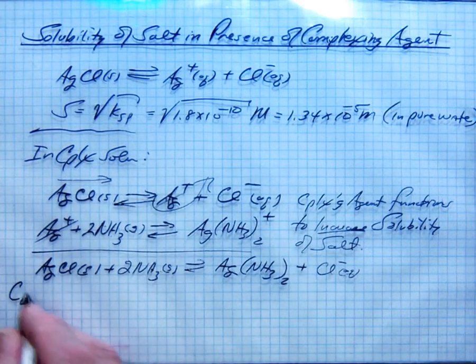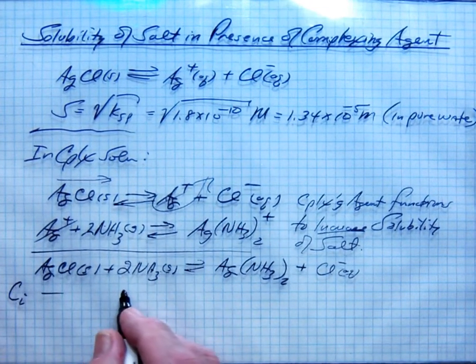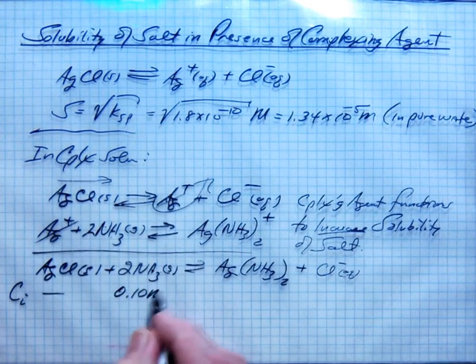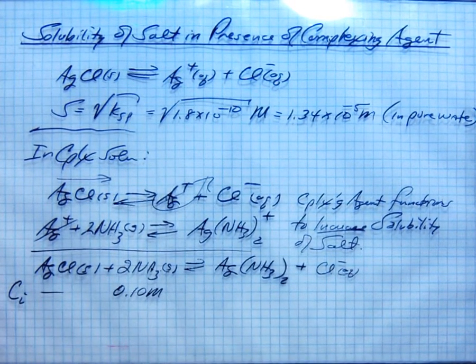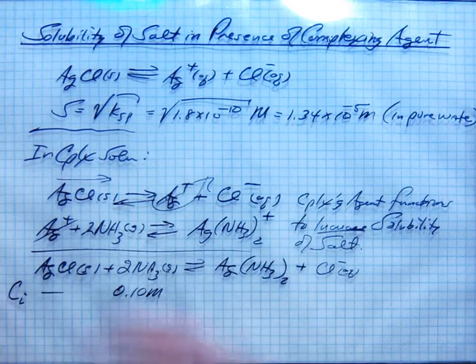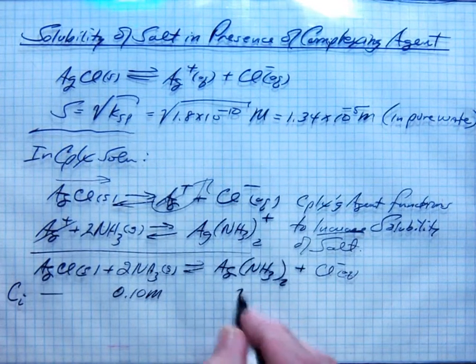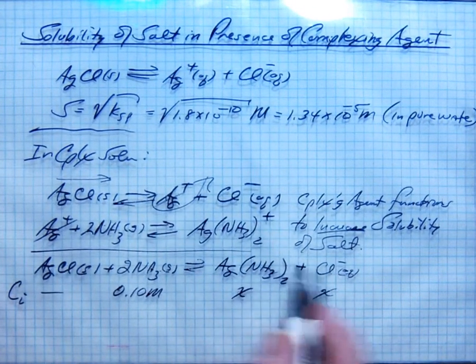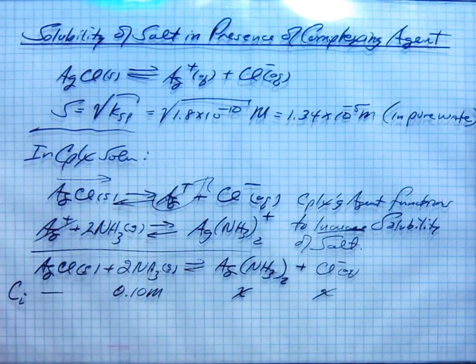Say, for example, if we had at equilibrium, I don't know, 0.10 molar ammonia in the reaction, then we have equal amounts of the complex and chloride delivered.